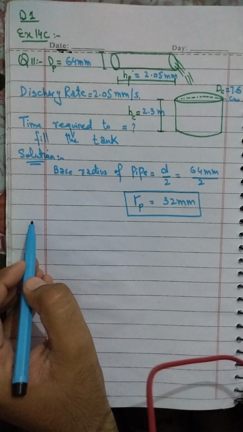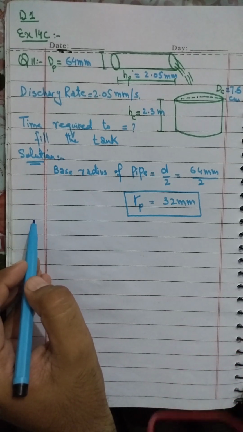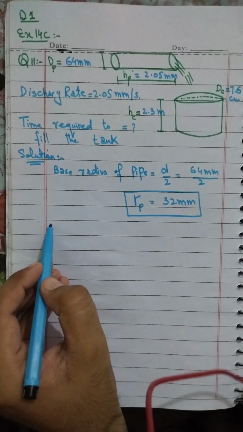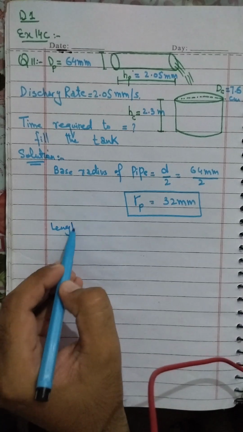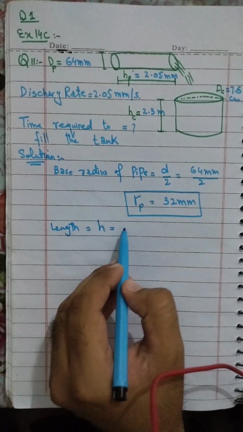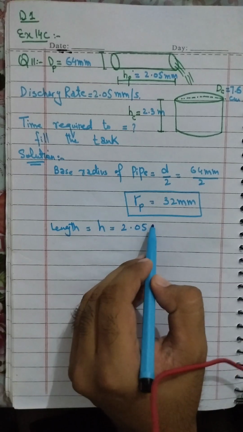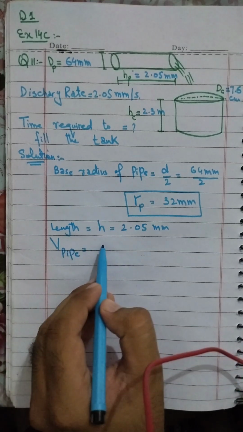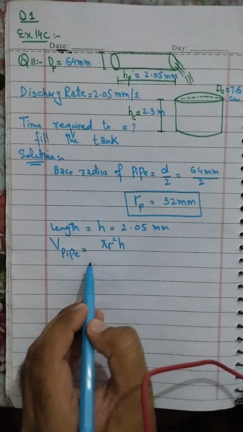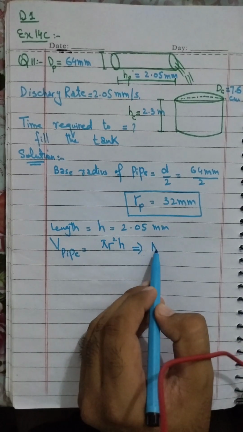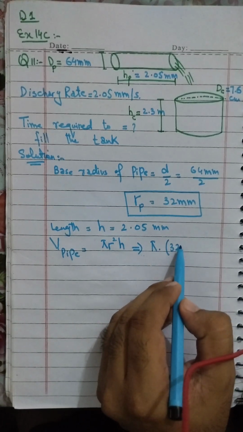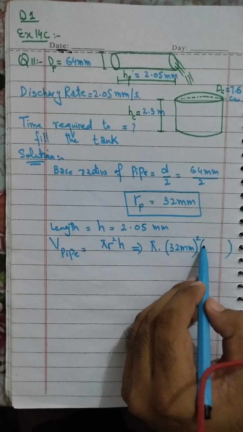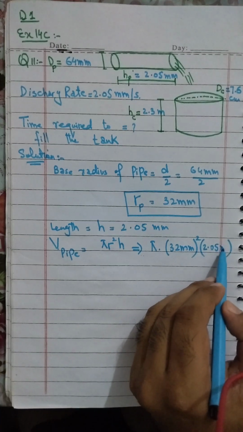Now the discharge rate was 2.05 millimeter. It means length of pipe h is 2.05 mm and the volume of the pipe is given by pi r square h, so it will become pi as it is, r is 32 mm square and h comes here, which is 2.05 mm.